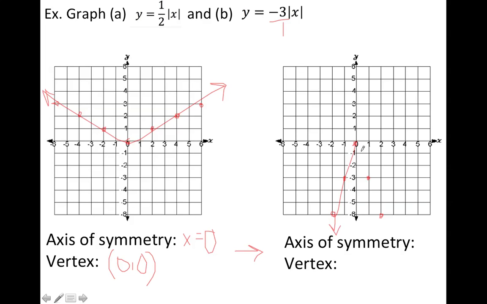Graph your points, connect them together. Okay, so a couple transformations. Since it is open down, that means we reflected it, so a reflection. And since our number out front of x is greater than 1, if we took the absolute value of it, it will be a stretch. So the transformation is done. We have stretch and we have reflection.